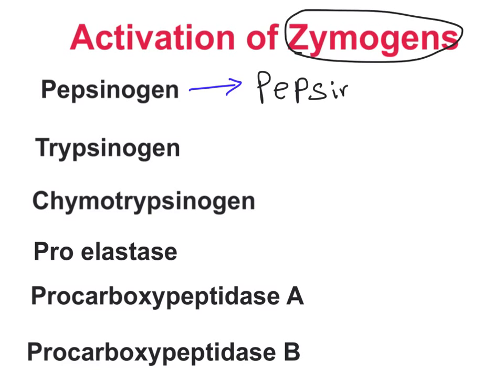Activation of pepsinogen into pepsin is mediated by HCl, hydrochloric acid, which is synthesized by the parietal cells. This kind of activation does not need any enzyme mediation, and that is why it is called an autocatalytic mechanism, autocatalysis. So autocatalysis is going on here in the activation of pepsinogen into pepsin.